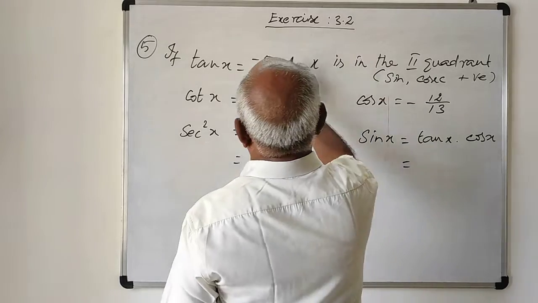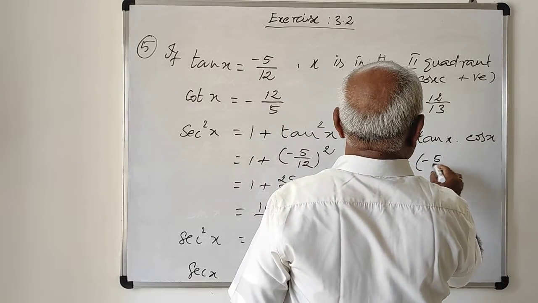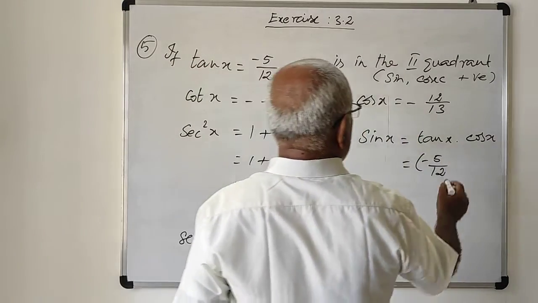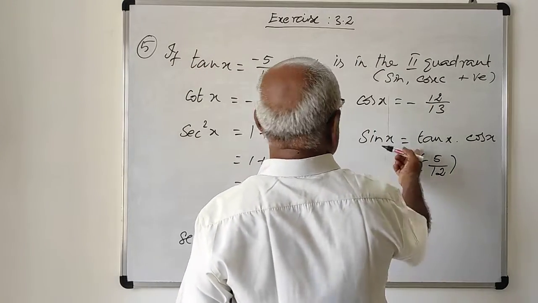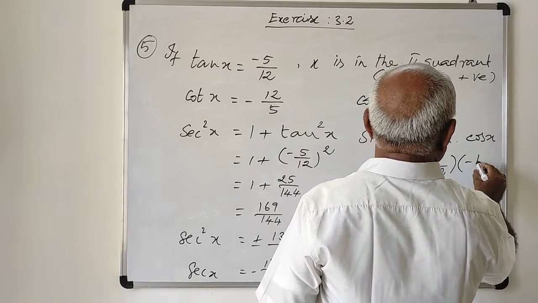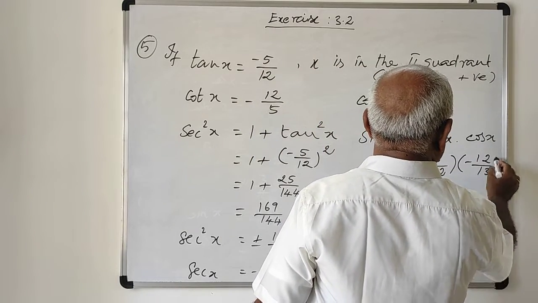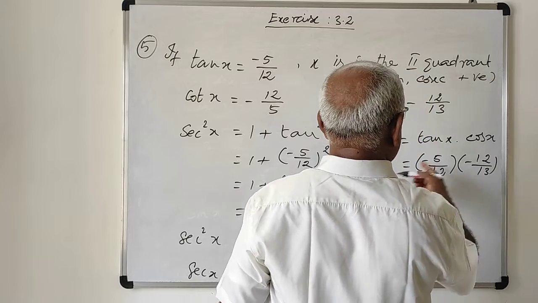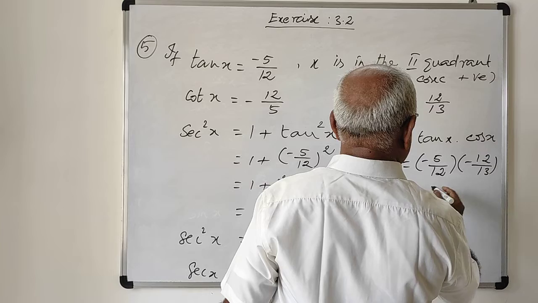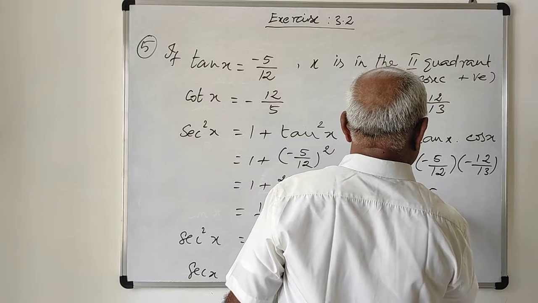What is tan x? Minus 5 by 12. And cos x is minus 12 by 13. Minus into minus is plus. The 12s cancel, and we get plus 5 by 13.